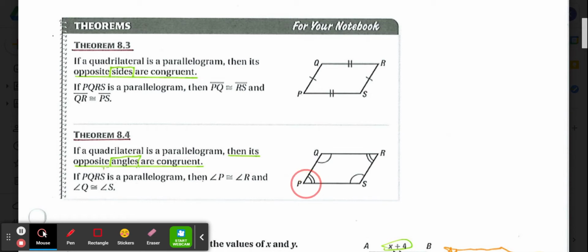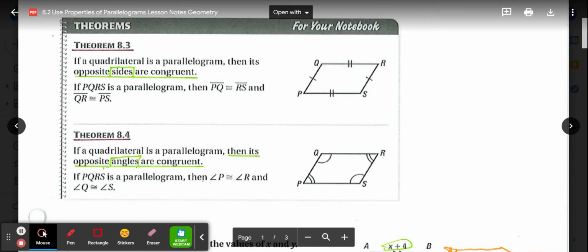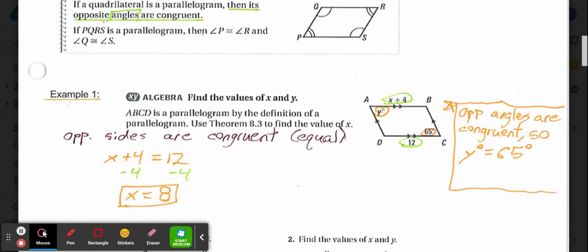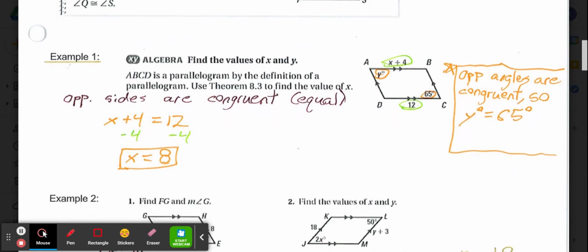So angle P is congruent to angle R, and angle Q is congruent to angle S. So theorem 8.3, opposite sides are congruent. 8.4, opposite angles are congruent. So if we make a couple examples to make sense of those.